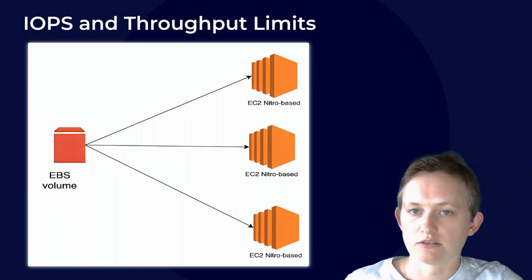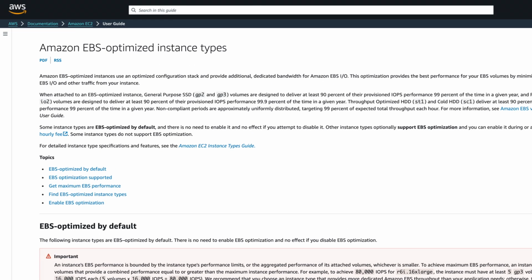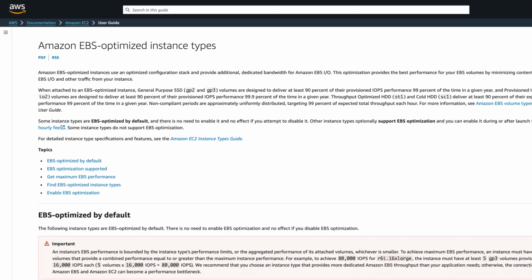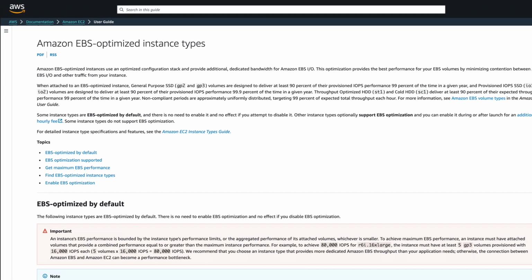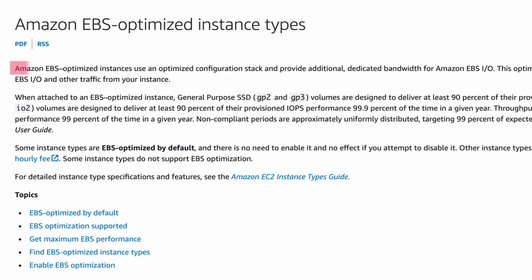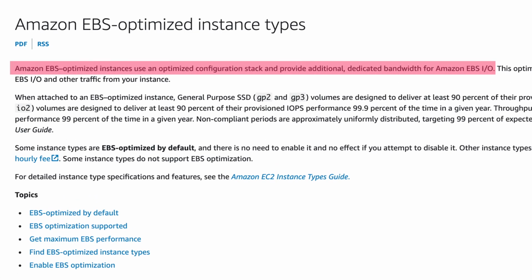Another factor to consider is EBS optimized instances. An EBS optimized instance is a type of EC2 instance that provides dedicated network capacity for EBS I/O. So this ensures optimal performance as it minimizes contention with other traffic from the instance.